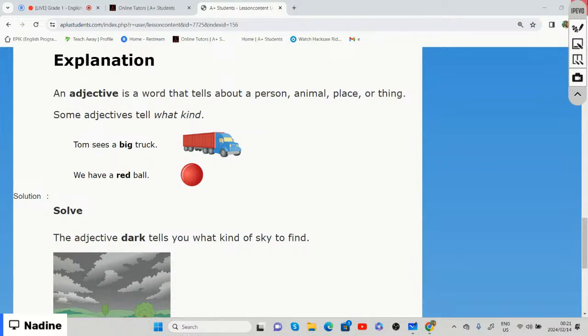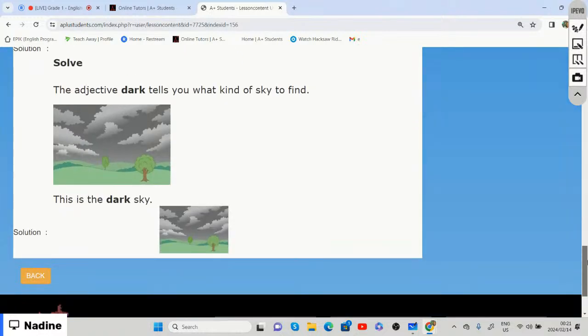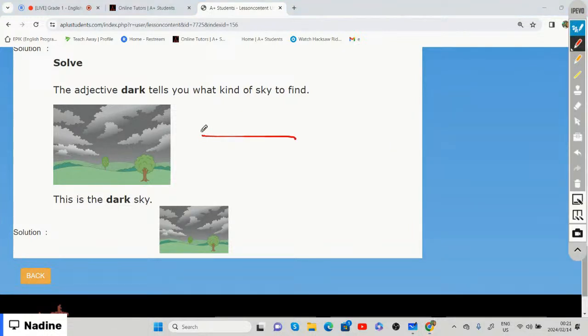All right. And then also, they ask for dark skies. And if we look at this specific picture, then over here we have dark skies. And the word dark tells us what kind of sky to find.